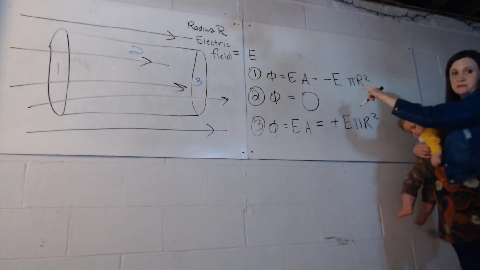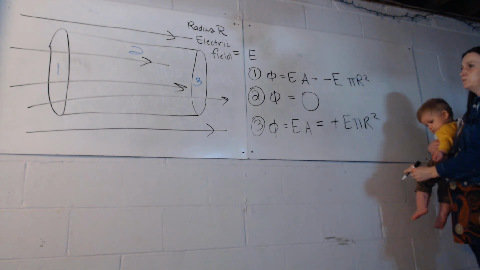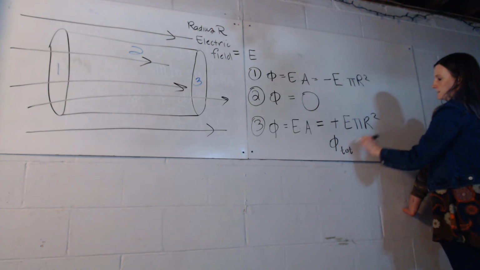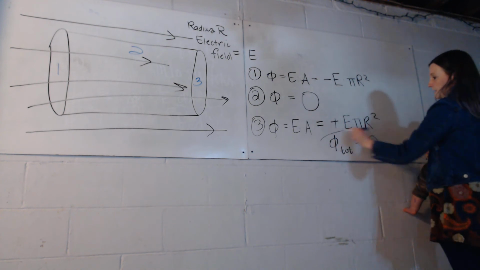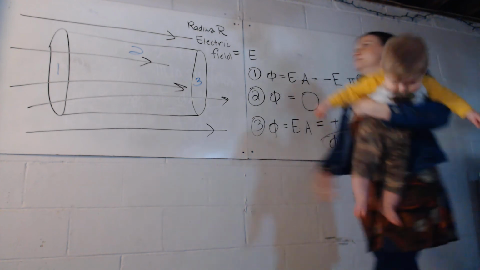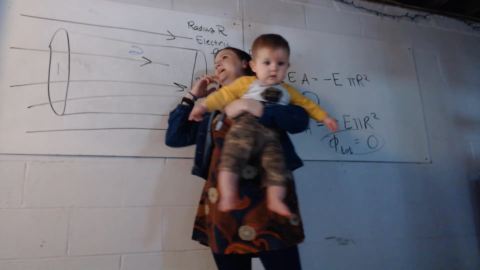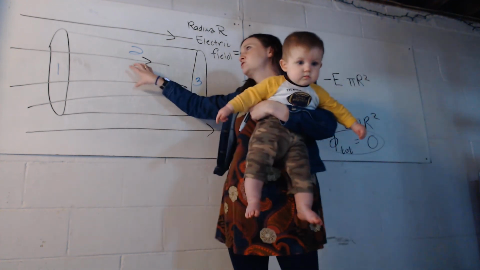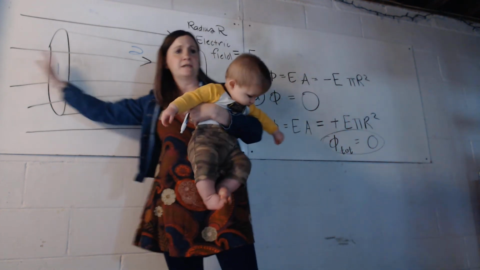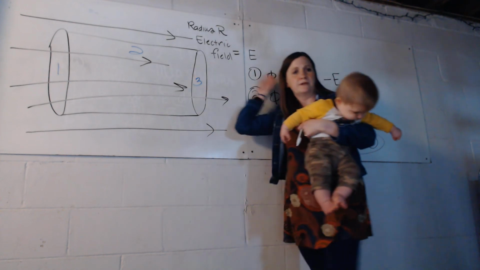Now, when we take these 3 flux values and add them to get our total flux, it is just 0, right? And that makes sense for this surface. This is jumping ahead to Gauss's law, which I've not taught, but there's no charge enclosed by this surface. The same amount of field lines that go in are equal to the field lines that go out.